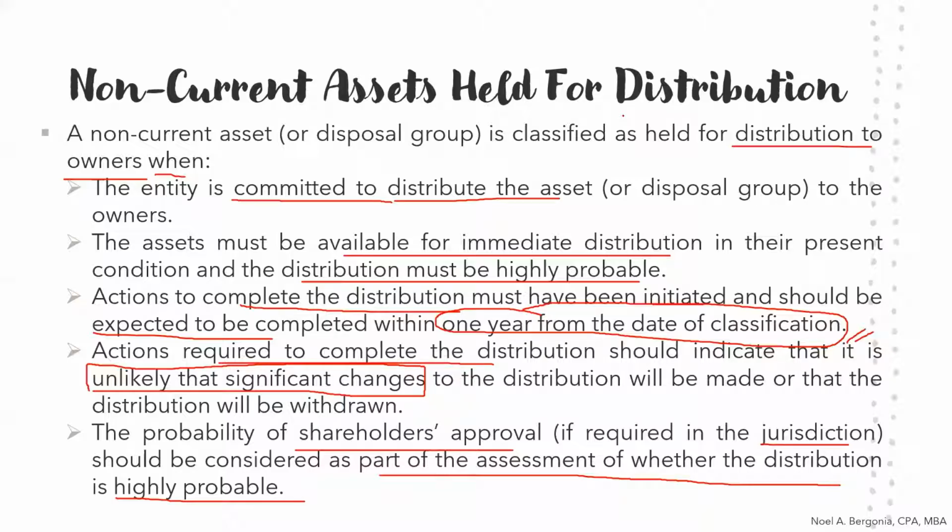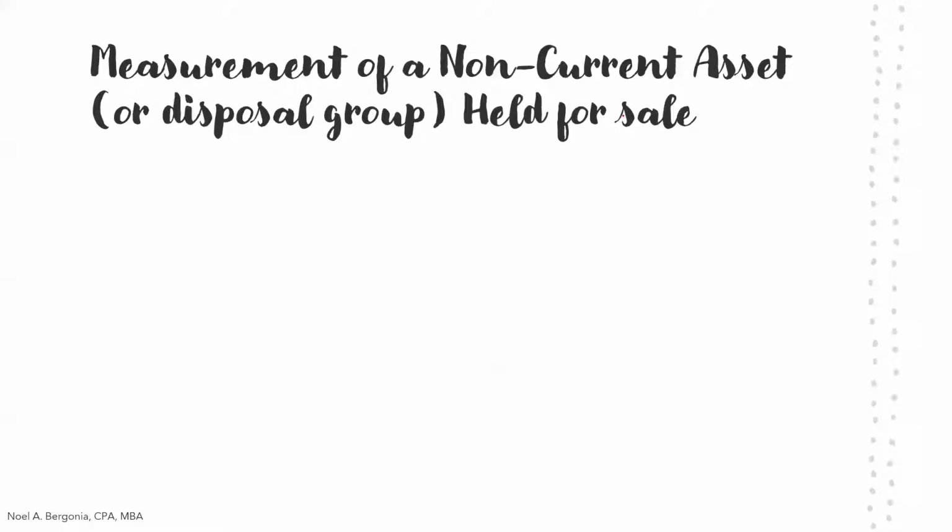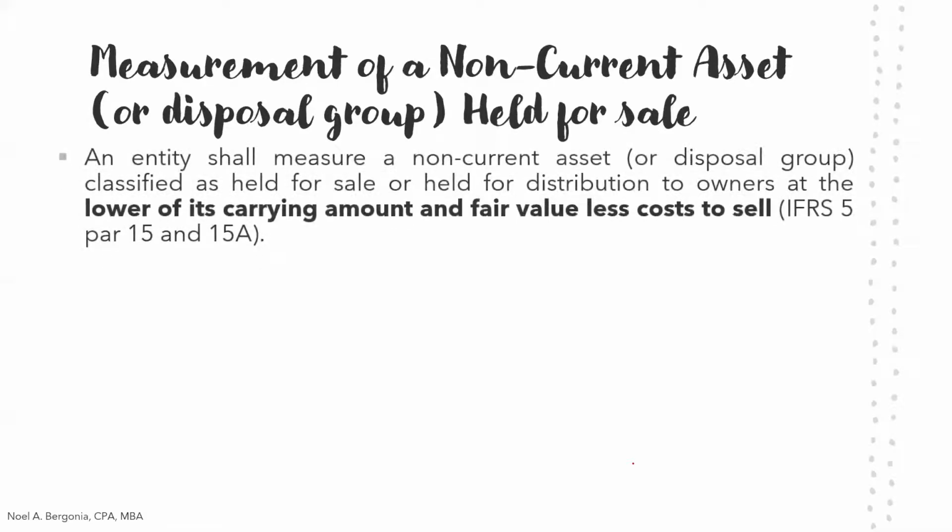So after knowing the basis of how we classify non-current assets as held for sale or held for distribution, right now let's talk about how we measure them. Let's talk about the measurement of non-current assets or disposal groups held for sale, or even held for distribution. An entity shall measure a non-current asset or disposal group classified as held for sale or held for distribution to owners at, remember this, the lower of its carrying amount and fair value less cost to sell.